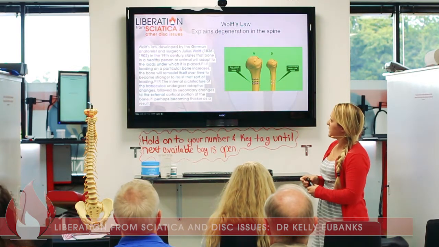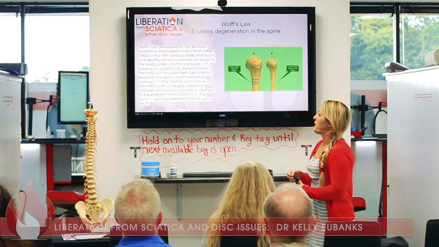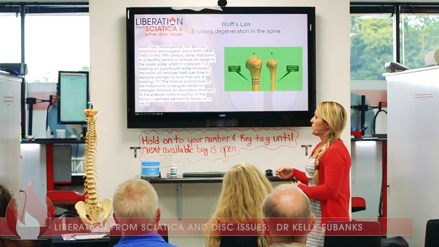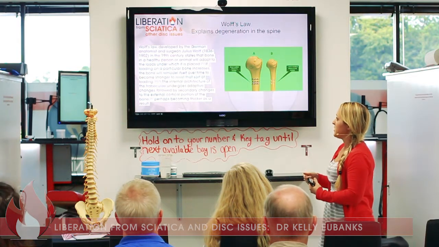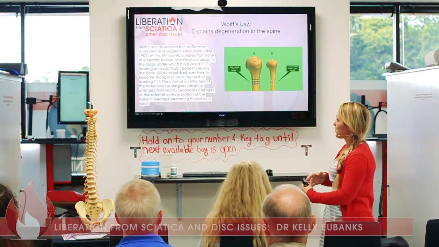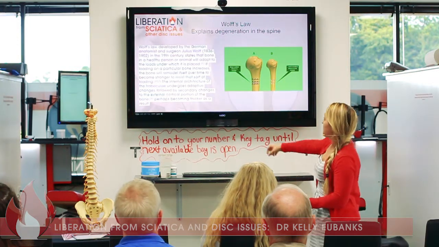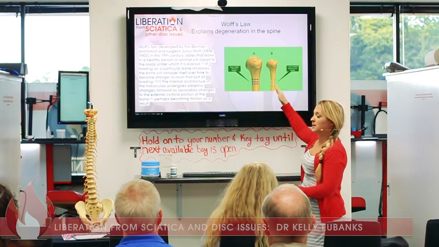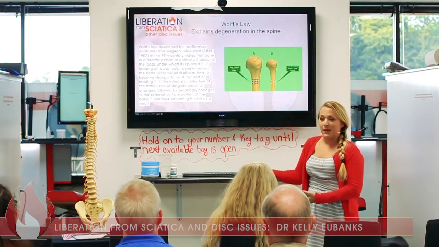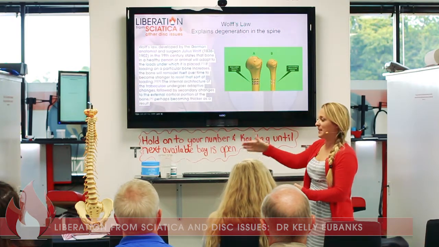If loading on a particular bone increases, the bone will remodel itself over time to become stronger to resist that sort of loading. The internal architecture of the trabeculae undergoes adaptive changes, followed by secondary changes to the external cortical portion of the bone, perhaps becoming thicker as a result. So in short, bone is added where it's needed and it's resorbed where it's not needed. So this explains how abnormal stresses on the front of the vertebrae can lead to degeneration.